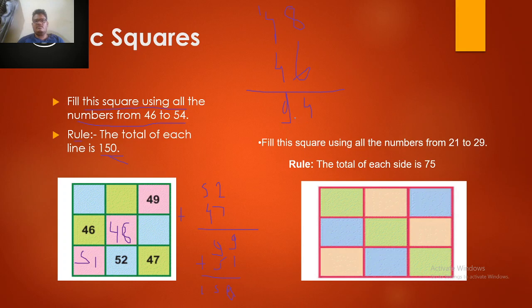We need 56 to get 150, but 56 is not in here, so we cannot use 48. So we will use 49. It is done. Suppose we add 50 to 46, 96, and 96 plus 54, it will be 150.